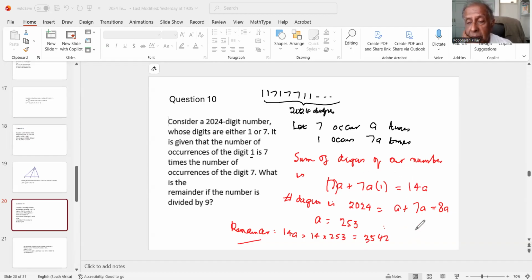The sum of the digits we saw is 14a, and this is the sum. And then you add again, 3 plus 5 plus 4 plus 2 is 14. You add again, you come to a single digit, and that's the remainder. Answer is 5.